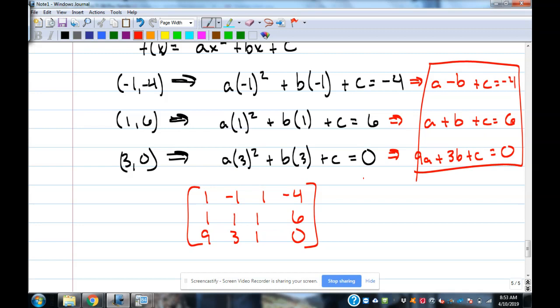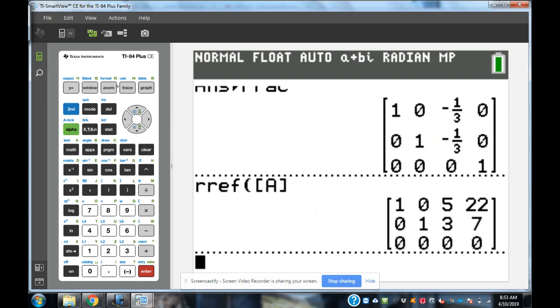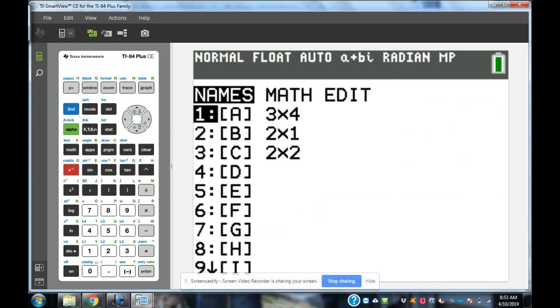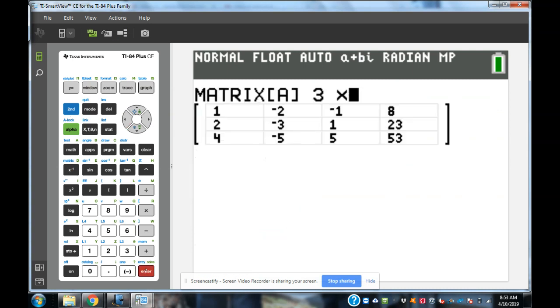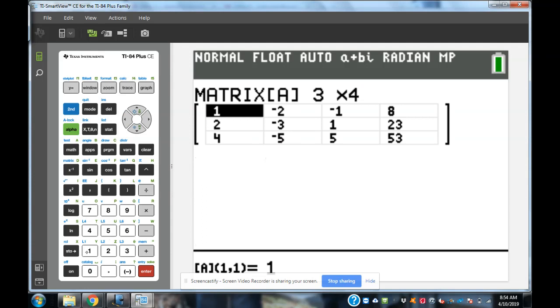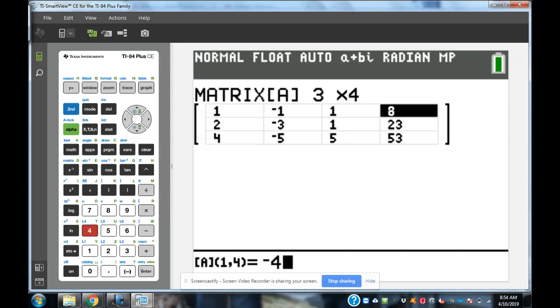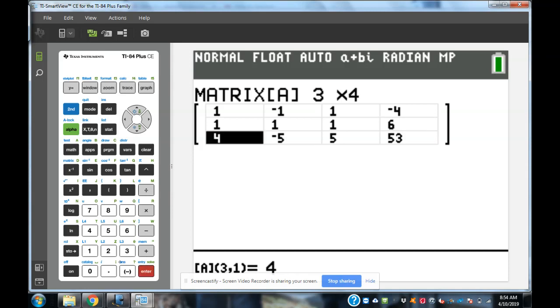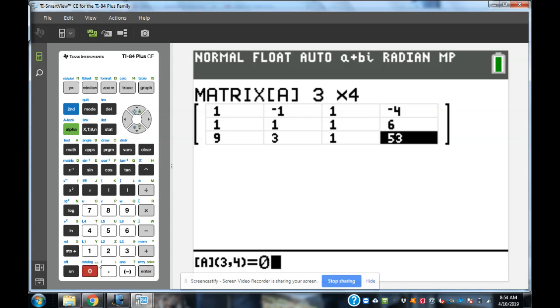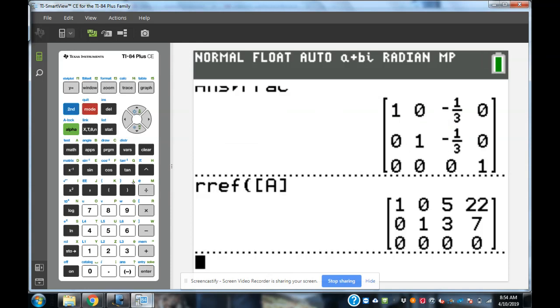And that's what we want to run with our calculator. Second matrix, edit. So 1, -1, 1, -4, then 1, 1, 1, 6, then 9, 3, 1, 0. And then I'm doing RREF on that.